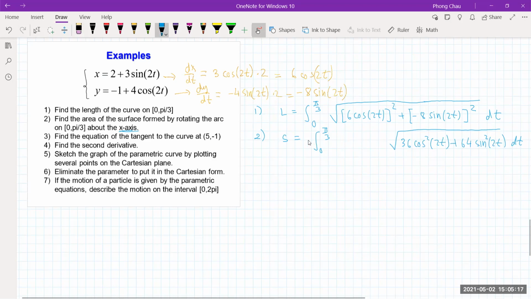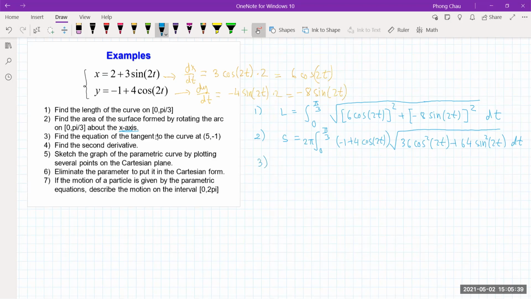I'm going to take a 2 pi outside, negative 1 plus 4 cosine of 2t. Right, so that is the setup. Again, the rest is actually the same as we did earlier.